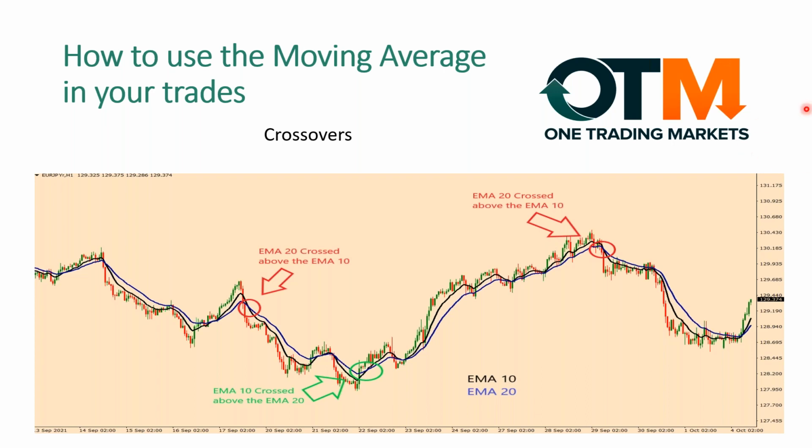Now notice here, look here at our first example. Notice how the short, which is going to be the black line, and the long is going to be the blue one. Notice how the black line crossed below the blue line, representing that the long term is stable more than the short term, which basically gives us a sell signal.